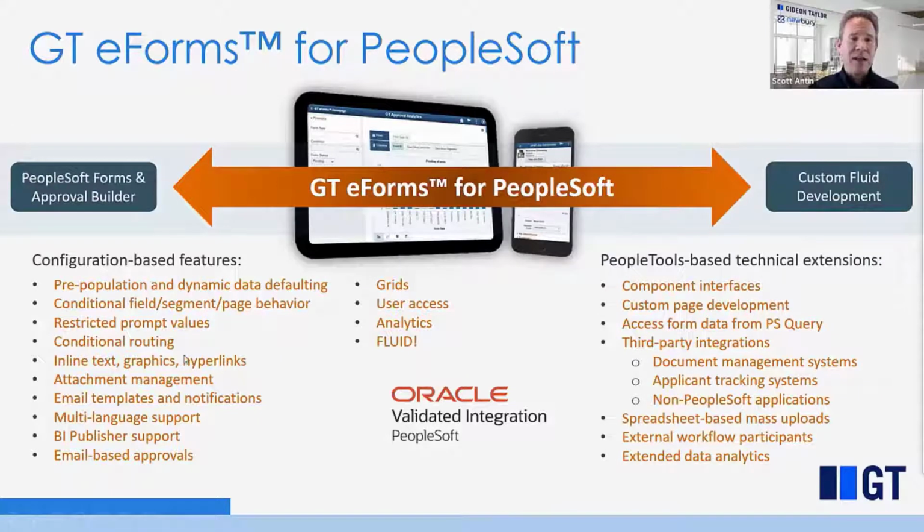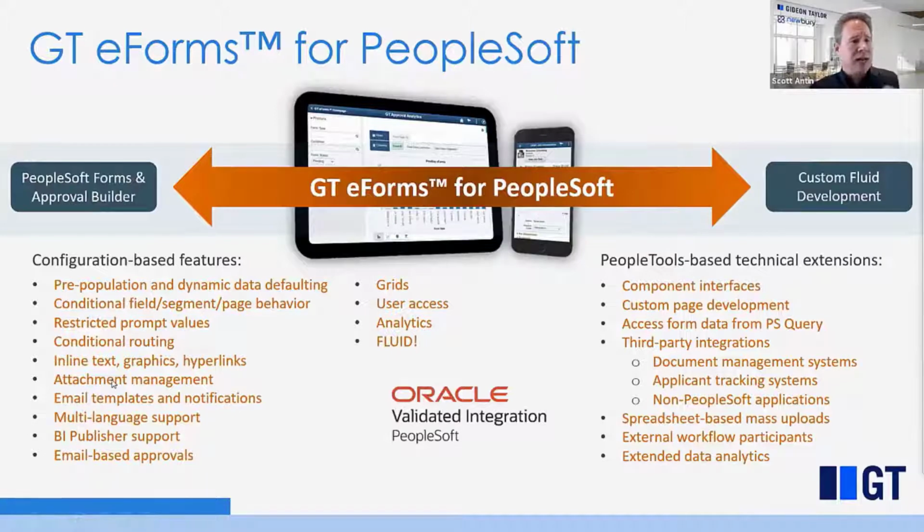So this is a list of some of the configuration-based features, including pre-population, conditional behavior, restricting prompt values, conditional routing. That's all based on AWE, or Approval Workflow Engine, but GTE Forms gives you the ability to configure your workflow in addition to incorporating conditions into that to make those actions dynamic.